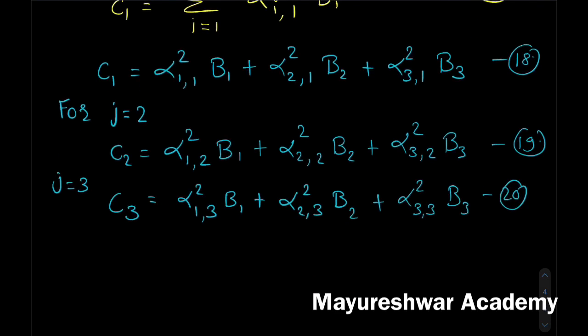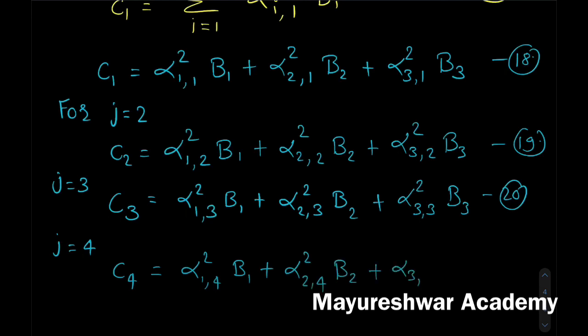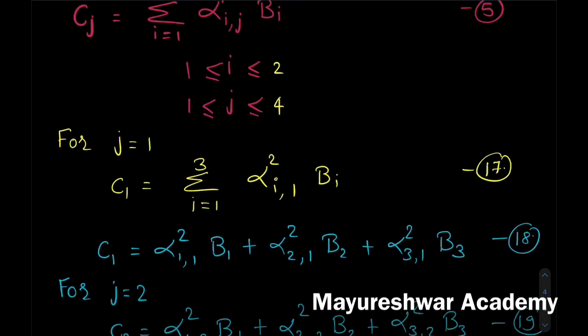So these alphas are basically weighting functions, you can observe them, they are giving weights to b1 b2 b3. So for c4 will be equal to alpha 1 comma 4 b1 plus 2 comma 4 b2 plus 3 comma 4 b3. Okay, let us call this as 21.